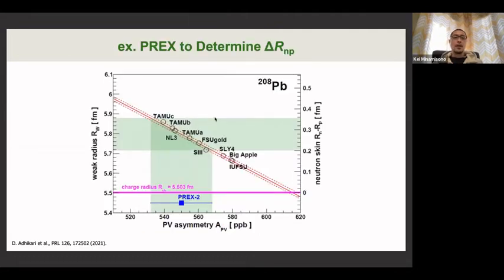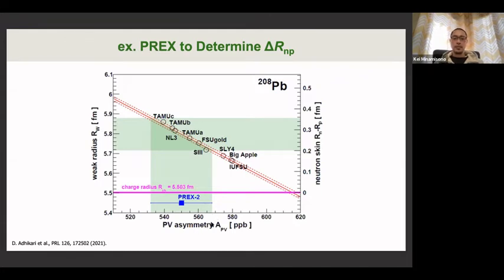So here I'm showing how an experimental measurement is translated into the neutron skin. This is a result of the PREX measurements. This is the parity violating electron scattering measurement, taking advantage of the fact that the neutron carries most of the weak charge. So essentially, this experiment measures the neutron distribution inside a nucleus. What this experiment measures is the parity violating asymmetry parameter, and this is the model independent measurement.